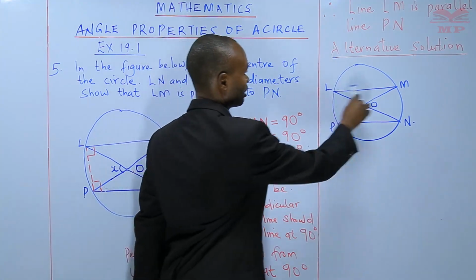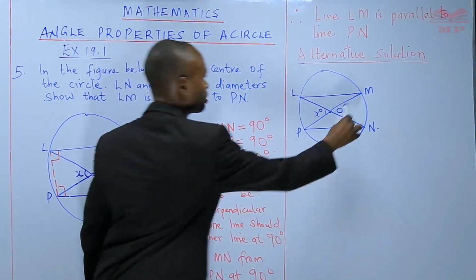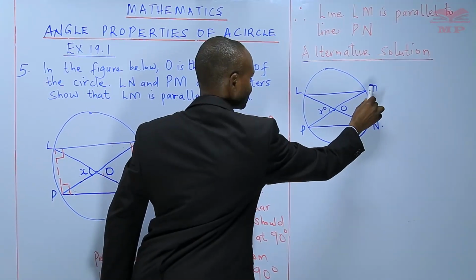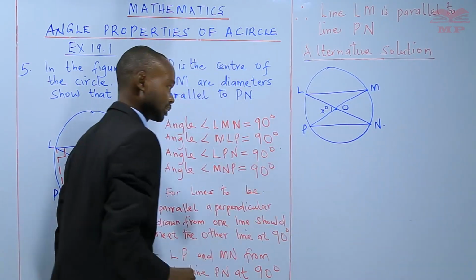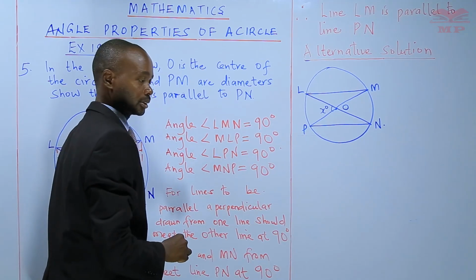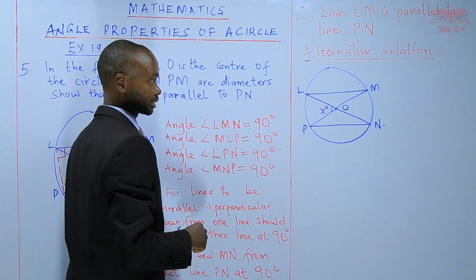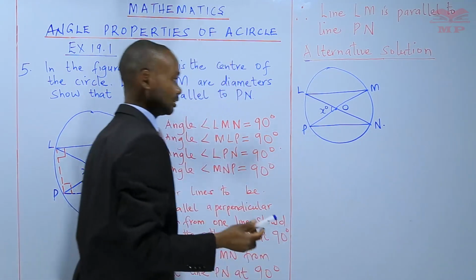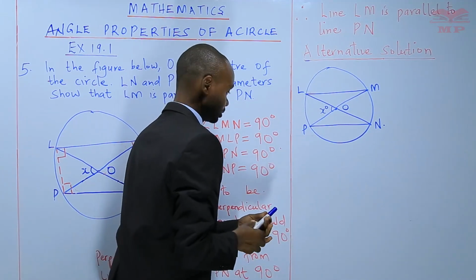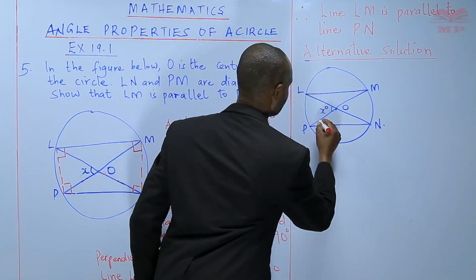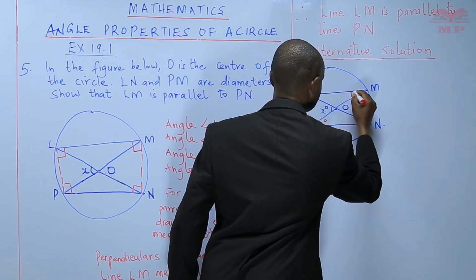We have line LM and PN. MP is a line from line LM going to cut line PN at point P. So if the lines are parallel, the value of this angle, I can just use A degrees will be equal to B degrees.